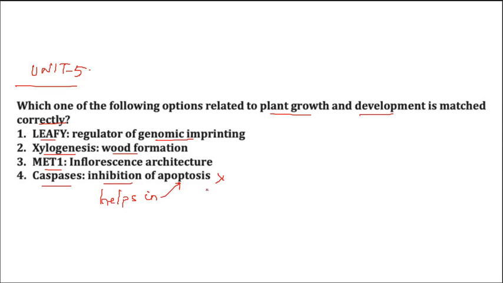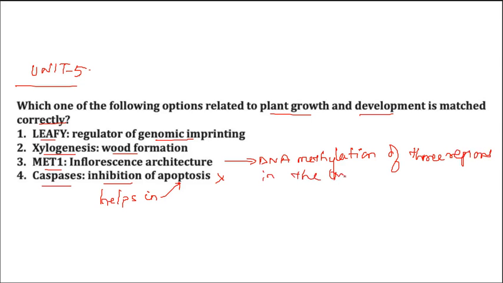Now, what is the role of MET1? This MET1 is required for DNA methylation, if you remember, of three regions in the MEA promoter in seeds. This is extra information which you can write down if you want, that they help in DNA methylation of three regions in the MEA promoter in seeds.